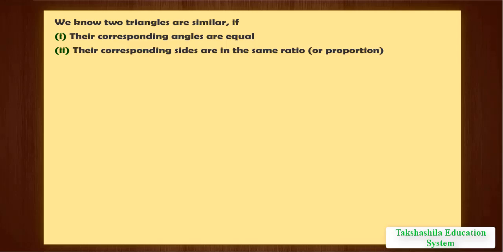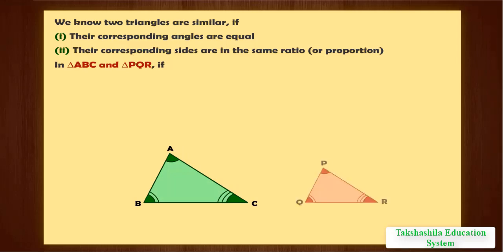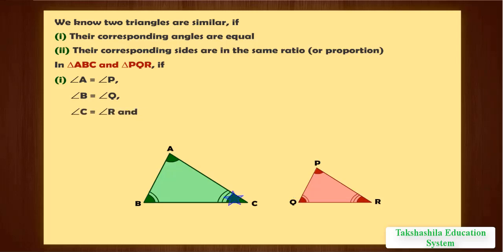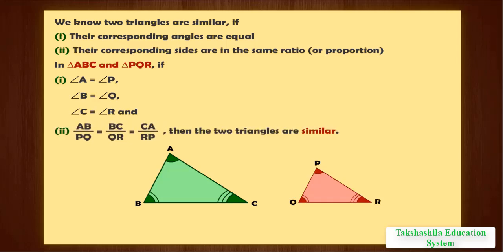Let us take an example. In triangle ABC and triangle PQR, if 1. angle A is equal to angle P, angle B is equal to angle Q, angle C is equal to angle R, and 2.